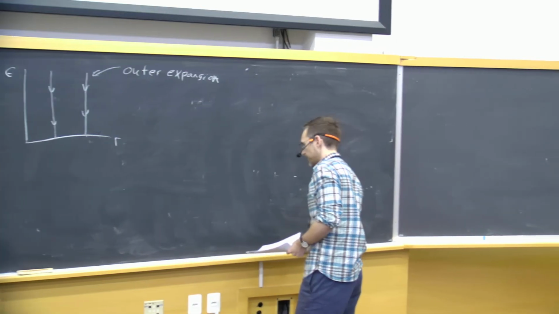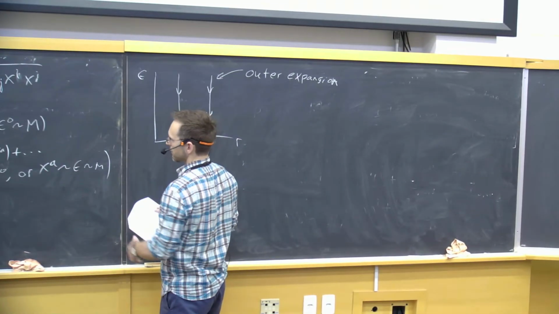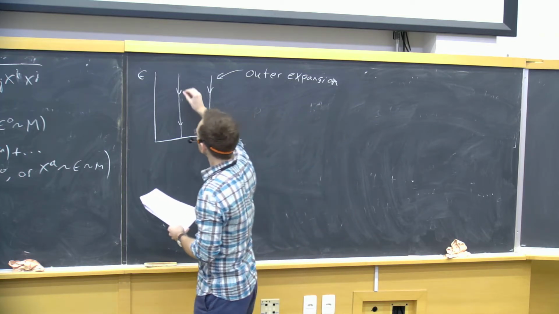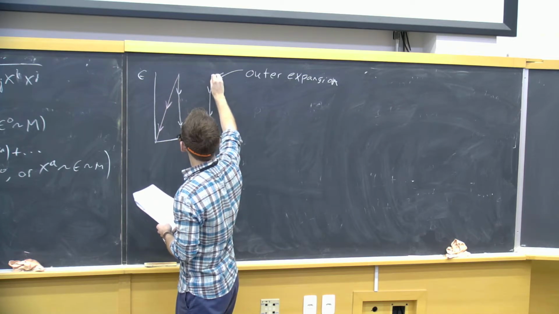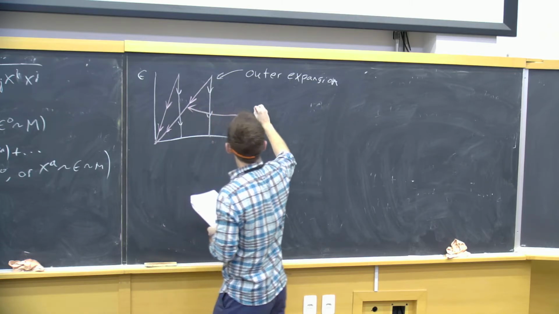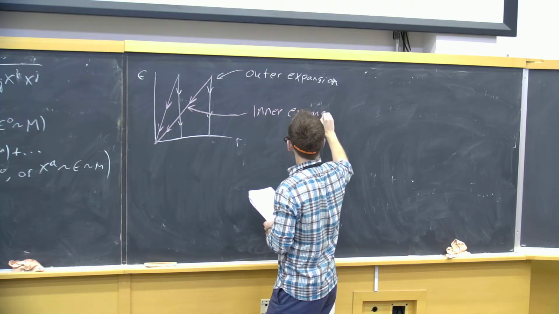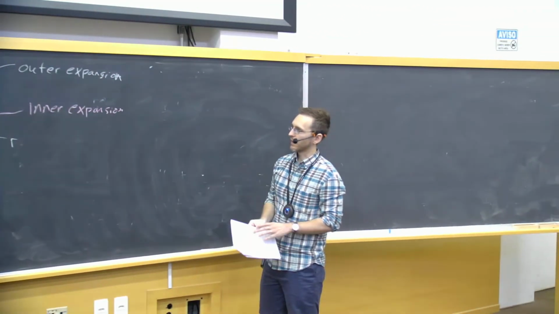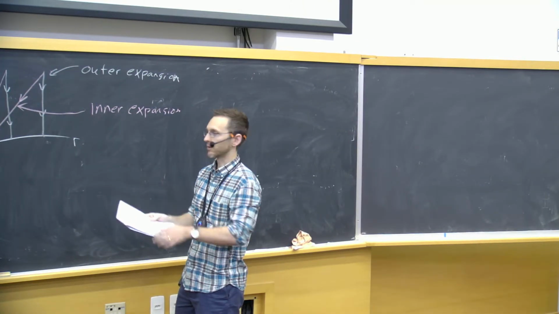And the inner expansion is at fixed x over epsilon, which means it's going to be going down towards the origin of this plane like that. So that's the inner expansion. So you can think of this expansion or this limit as following the object as the object shrinks down towards 0 size as epsilon goes towards 0.